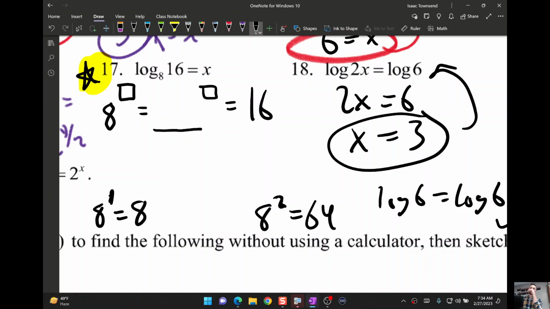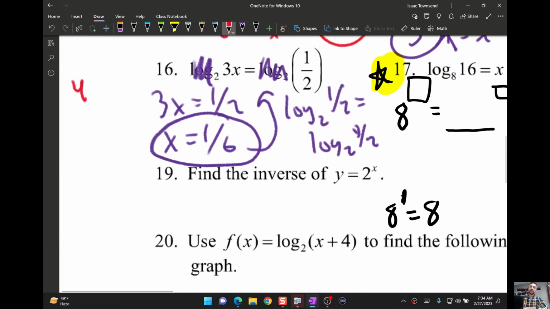Okay, so for this, you have to remember that, do you remember how an exponent of a half is like a square root? Remember saying that? No? Okay, y'all need to know that. Something to the 1/2 is like square root.